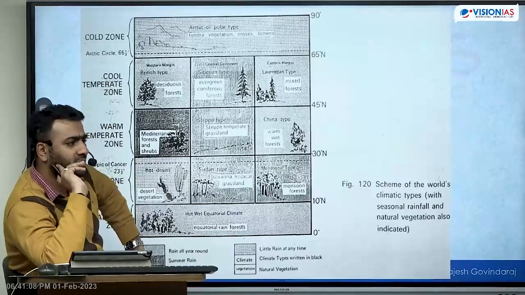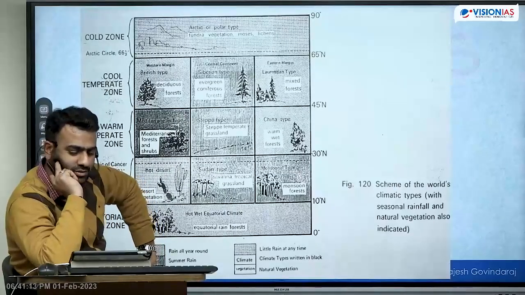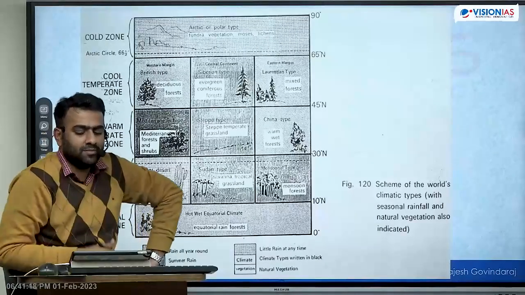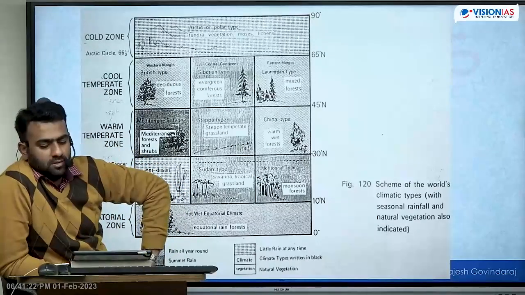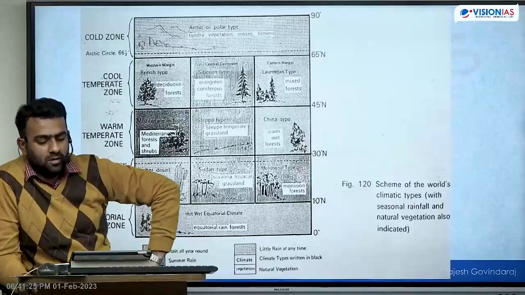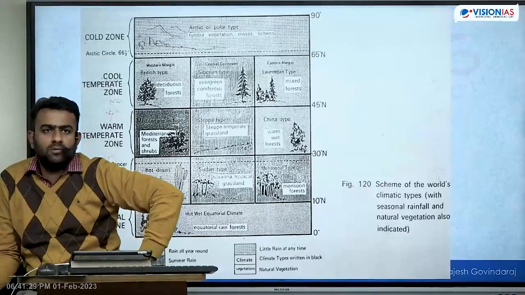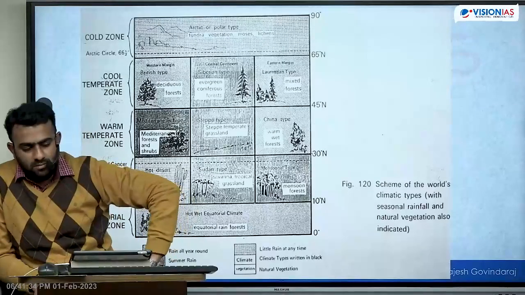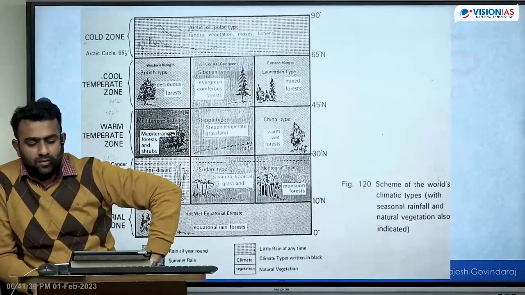So the annual average precipitation is around 70 centimeters. 70. Okay? Rainfall occurs in summer due to convection. Next point.